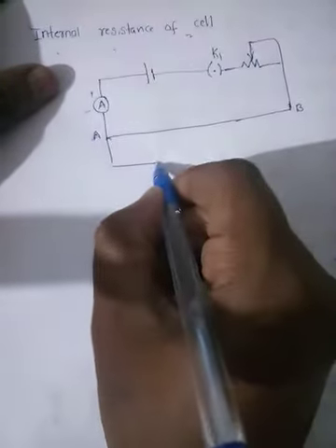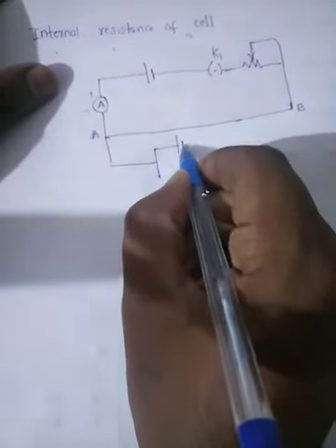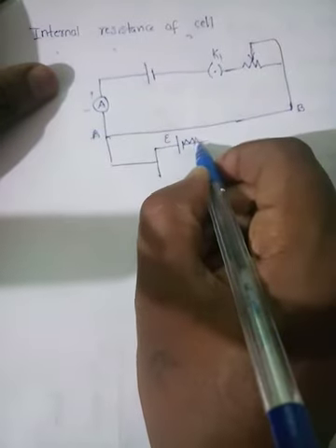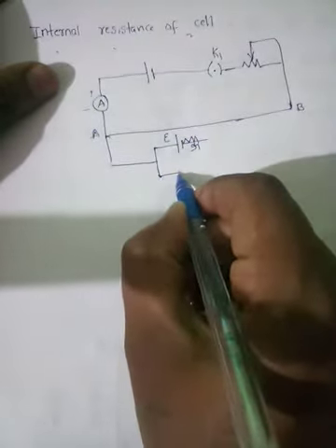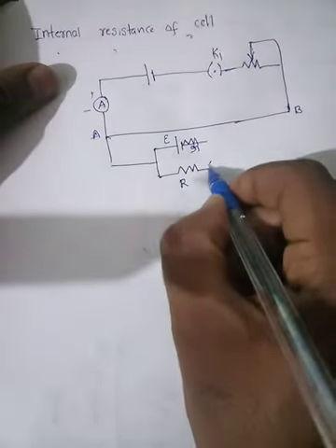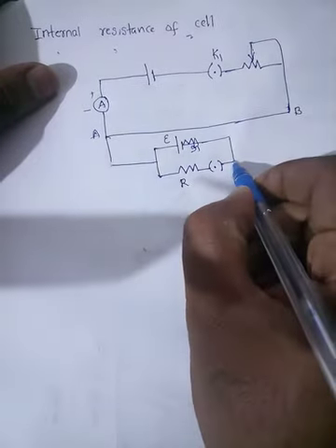Now, the cell for which we are going to calculate the internal resistance should be connected here in the secondary circuit, having EMF E and internal resistance small r, connected to an external resistance capital R, which is connected to a plug key. This is the circuit.